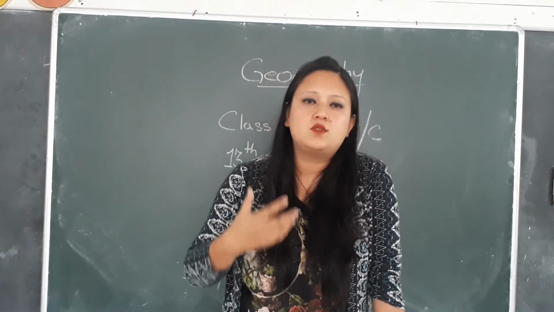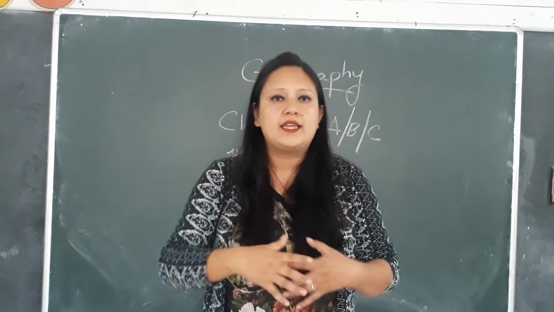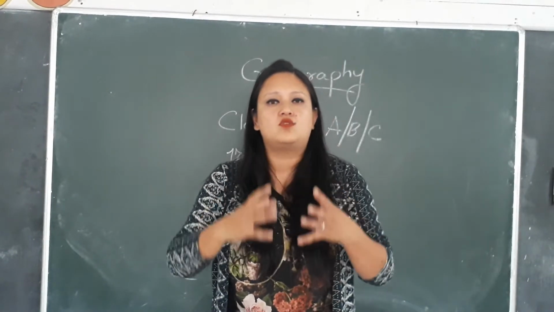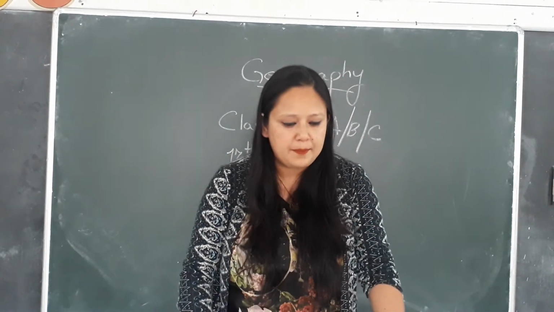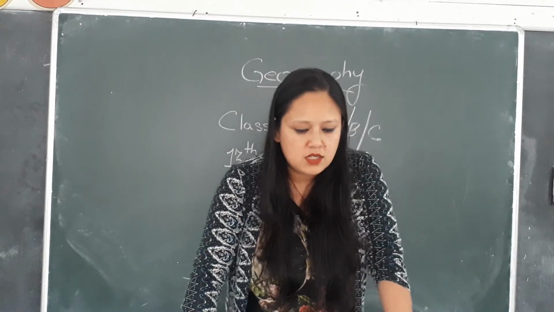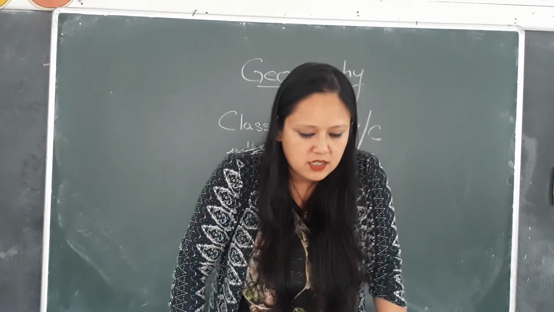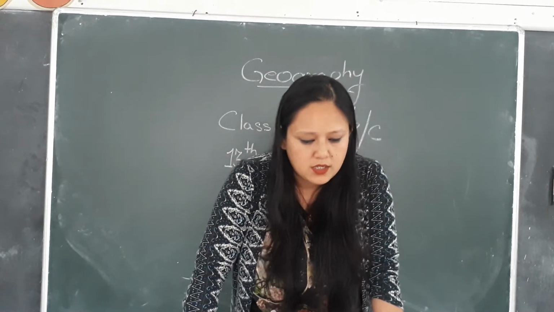But what we do is, we as human beings, we tend to start using it in such a way that we do not keep those resources for the future generation. All right. So what happens is, as a result, now look into your books, page 28, as a result of overpopulation, there is great pressure on resources such as food and water.